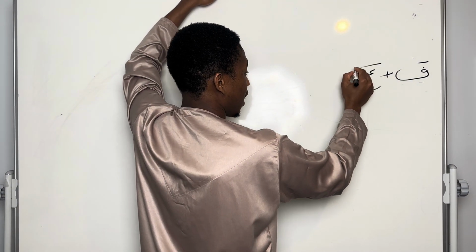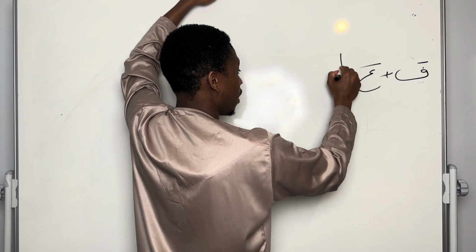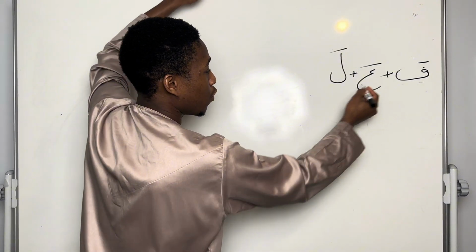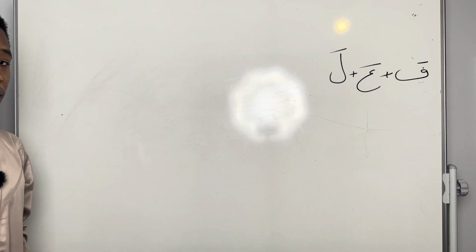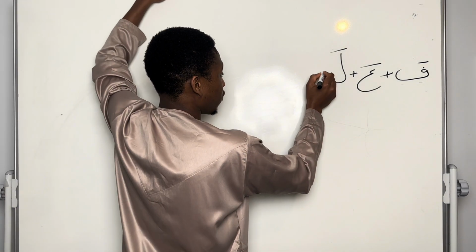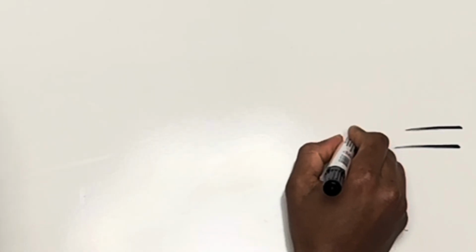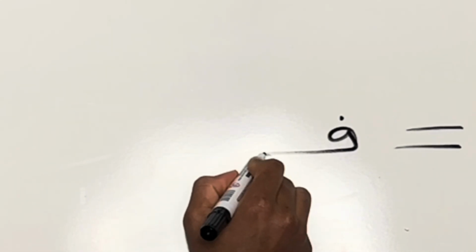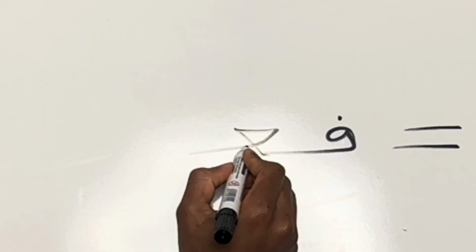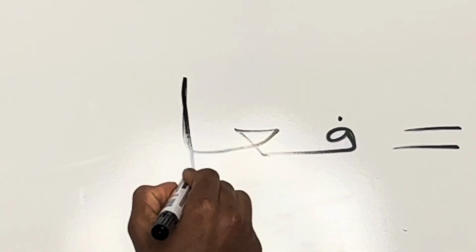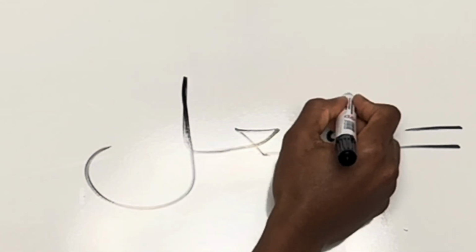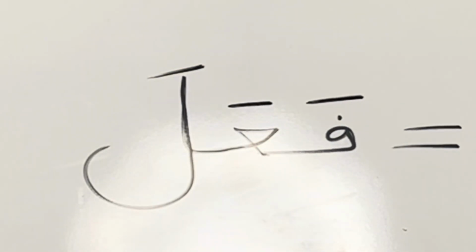fa fatha plus ain fatha plus lam fatha. If we want to join these three letters, the writing form will change a bit. So the fa will be like this, fa, and then we attach the ain to it like that, since the ain is in the middle, and then we've got lam attached to the ain, so that will be fa'ala.